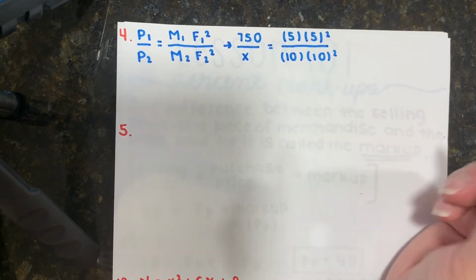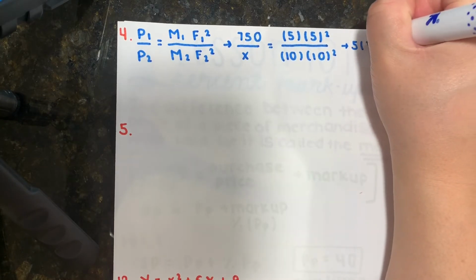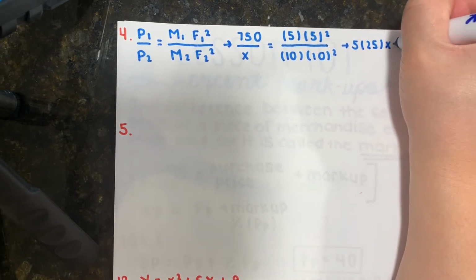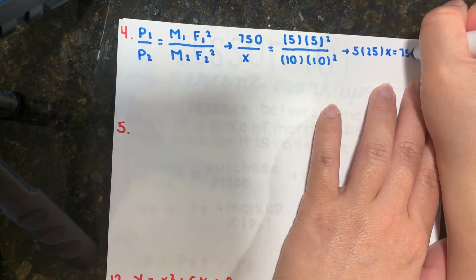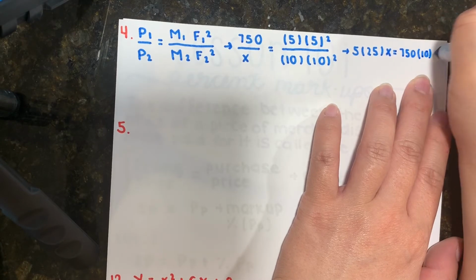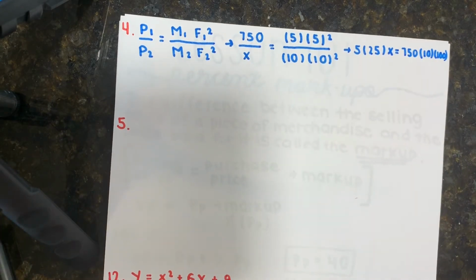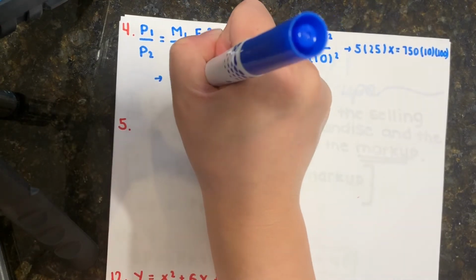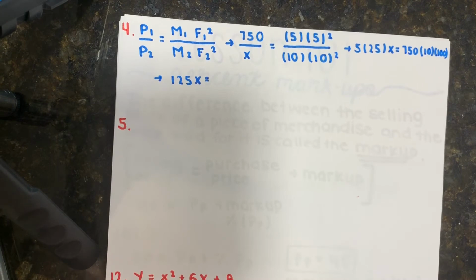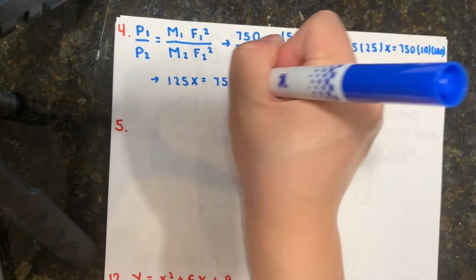So now what you're going to do is cross multiply. So on the left-hand side, you're going to have 5 times 25x is equal to, I'm going to try and squeeze that in. So that would be 750 times 10 times 100. Okay, so 5 times 25 would give us, on the next line, 125x equals 750 times 10 times 100, which would be 750,000.